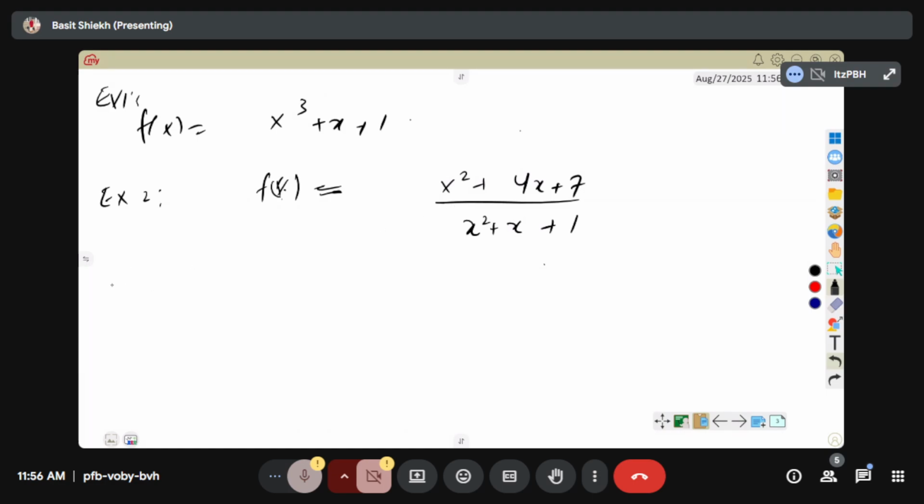Example 3: x²/(1 + x), and check on which domain it's one-one.